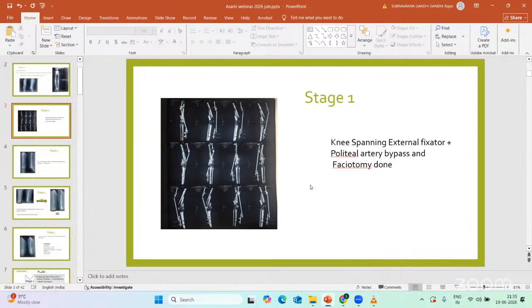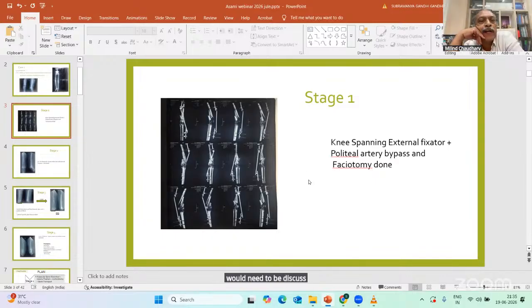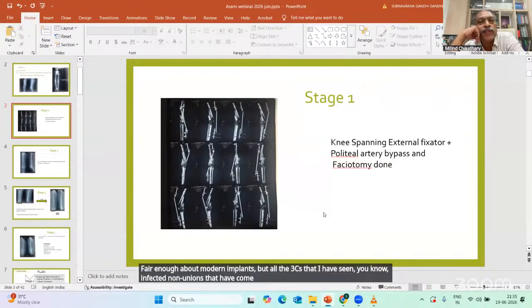So this is something that would need to be discussed and argued. Fair enough about modern implants, but all the 3Cs that I have seen, infected non-unions that have come after vascular injuries, have all been treated with internal fixation.